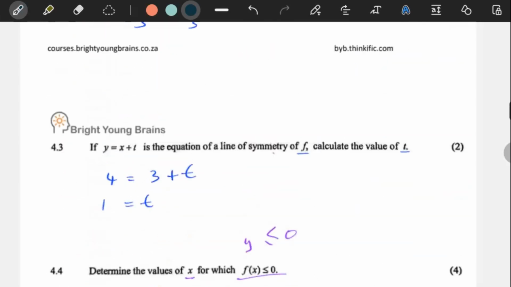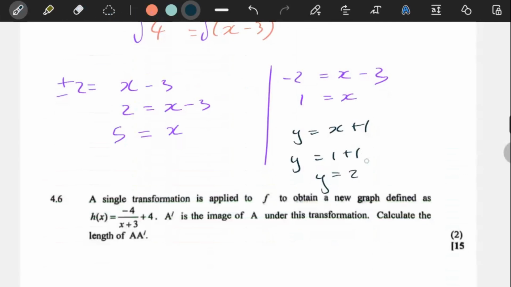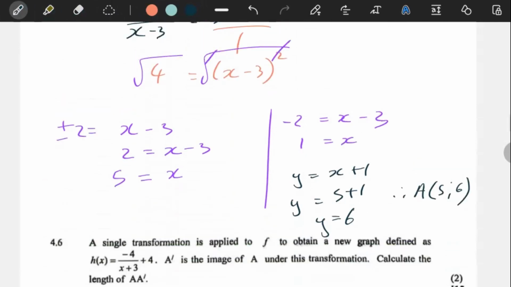I put a 1. Why did I put a 1 in this equation? That's just very, very strange. Putting a 5. So the y value is a 6. That definitely makes sense. Therefore, A is 5, coordinate 6.